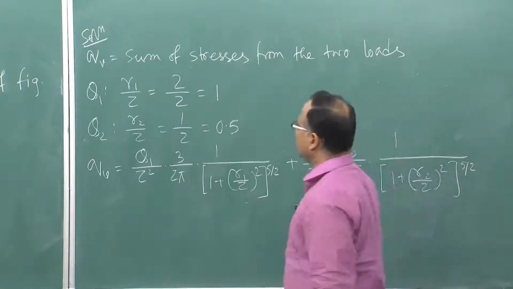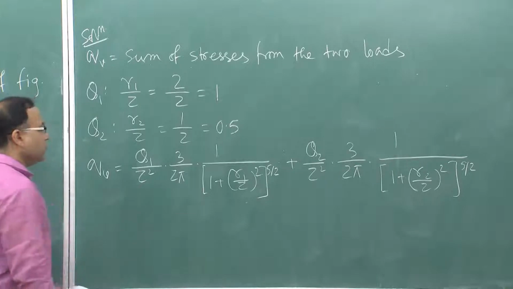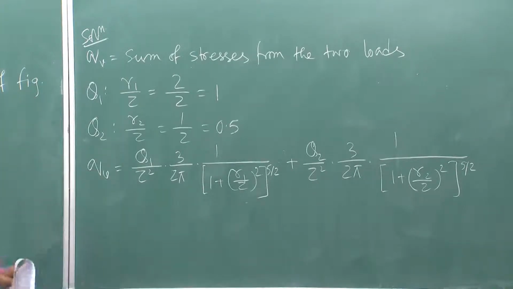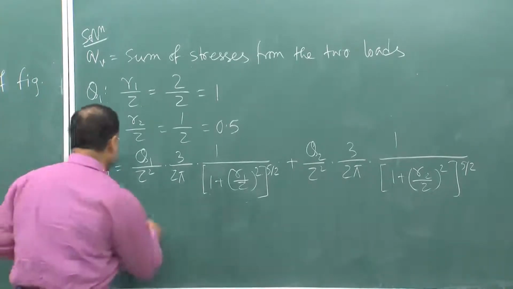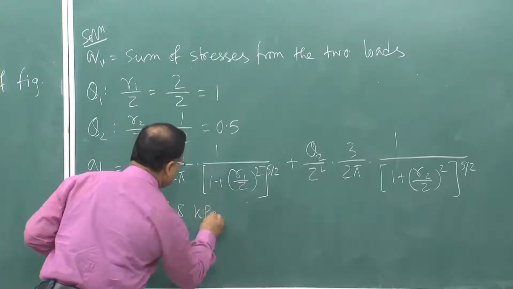Now, if we put the values of R1 by Z and R2 by Z, as well as Q1, Q2 and Z, we will get this equal to 78.8 kPa.